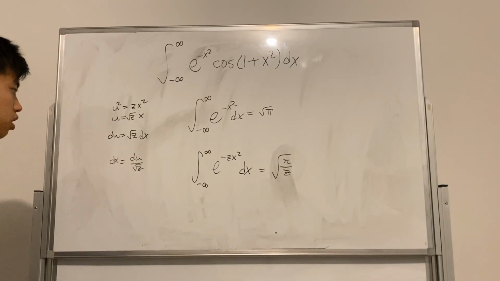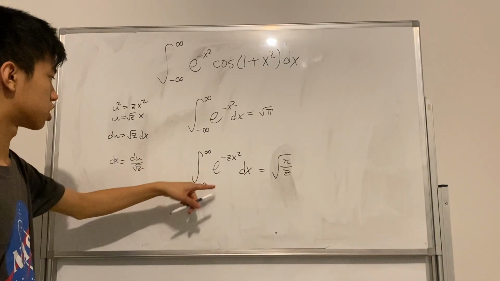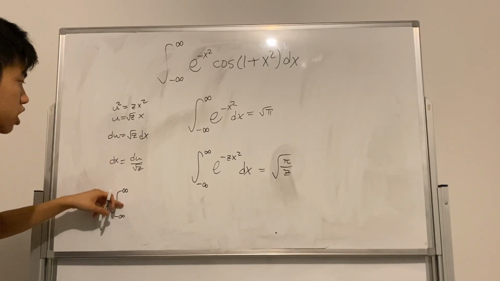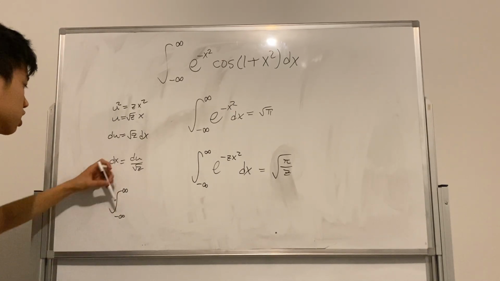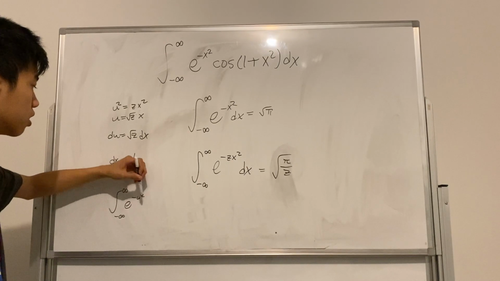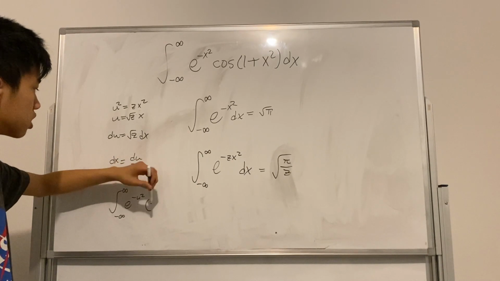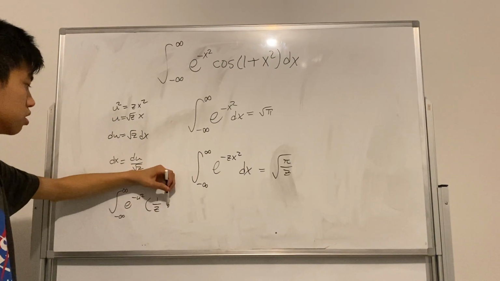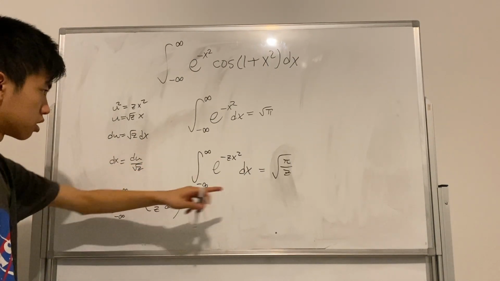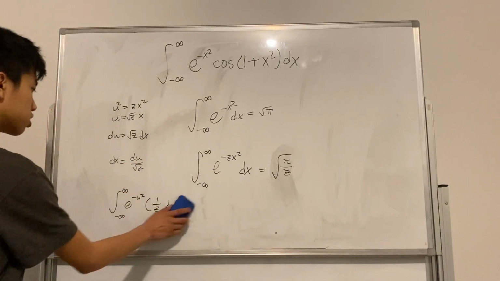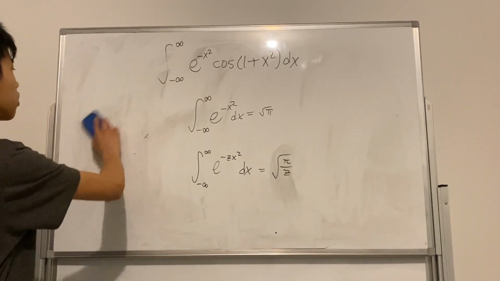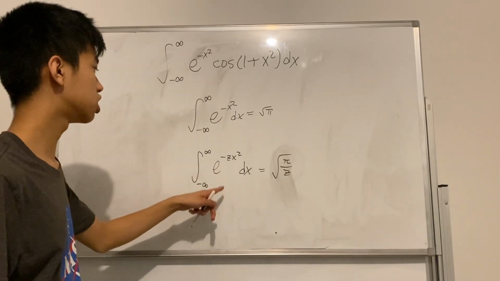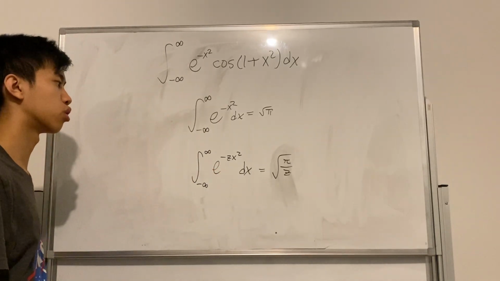Basically, this is the same integral from negative infinity to infinity. The bounds don't change because you're just multiplying by a positive constant. So it's the integral of e to the negative u squared, times 1 over square root z, times du. That's just this. Now that we have our background, we can notice that this has huge implications for this problem. We will find out later why.